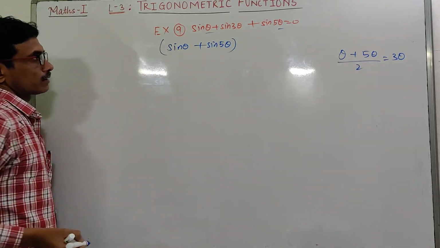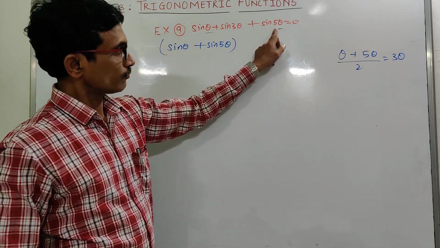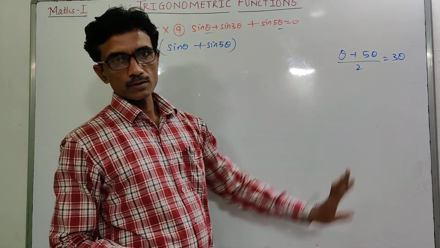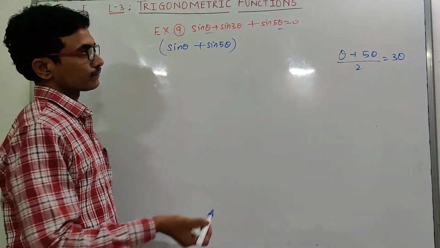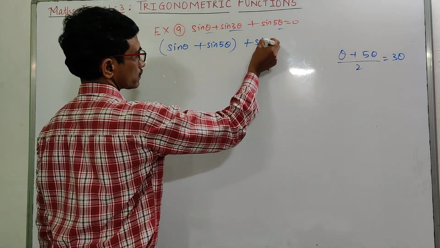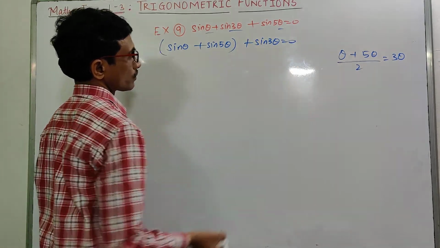Okay, we will group these two. Why are we grouping this? Because theta plus 5 theta upon 2 is 3 theta, we are getting the middle one. Therefore we group these two, plus sin 3 theta is equal to 0.